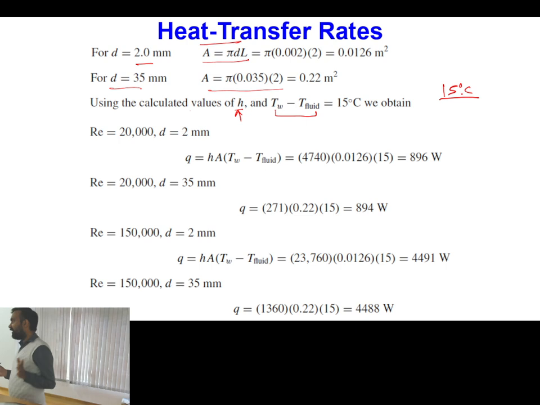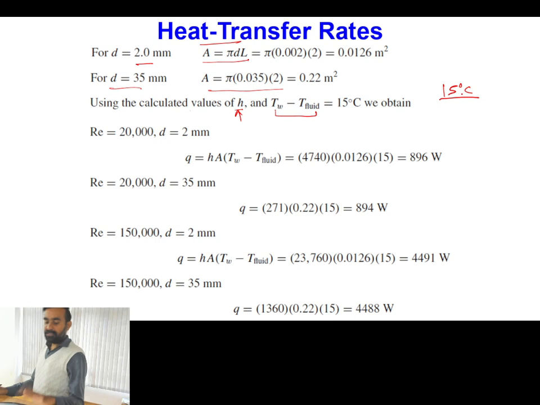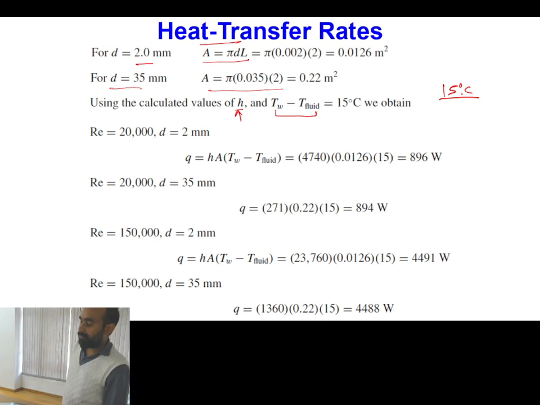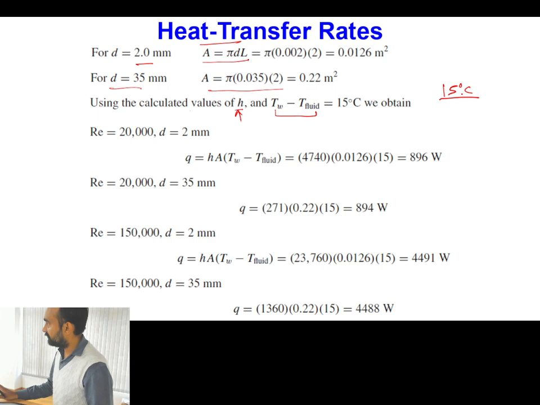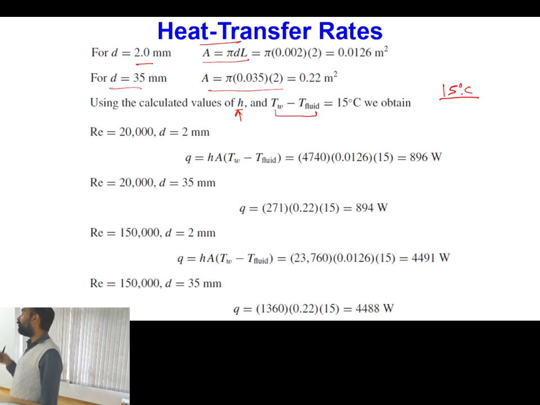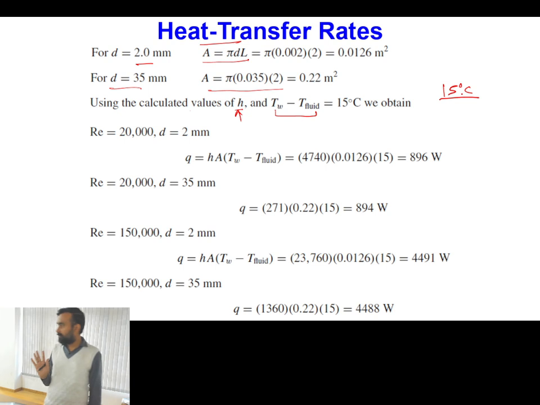So we have to estimate this in the range such that wall temperature minus fluid temperature is in the range of 15 degrees Celsius. Is this point clear? For obtaining this, now we have to determine how much amount of heat we need to supply. All are clear with this point?